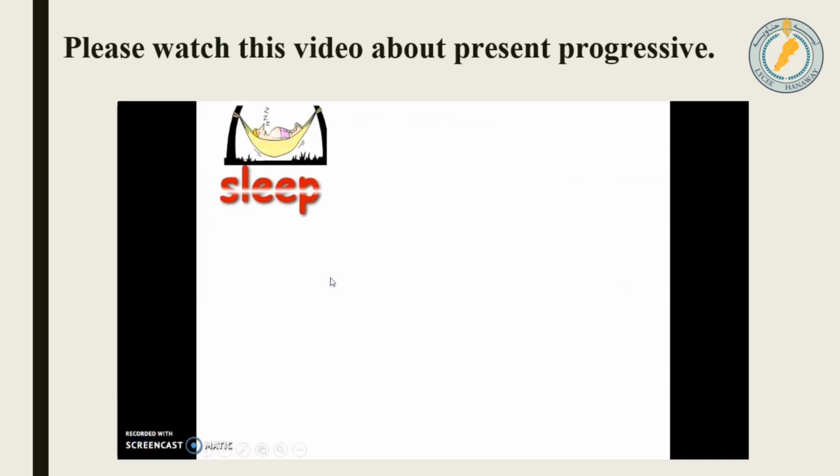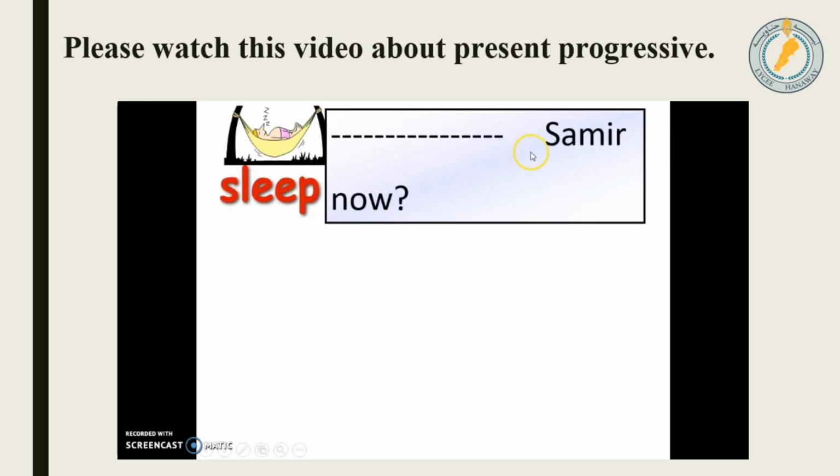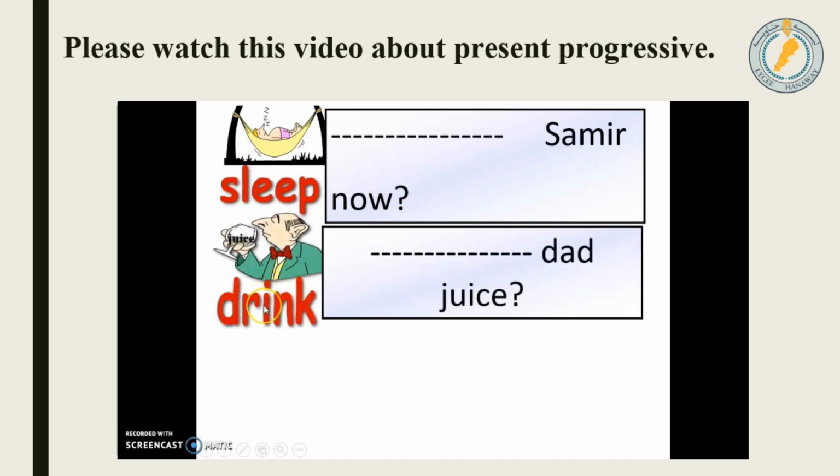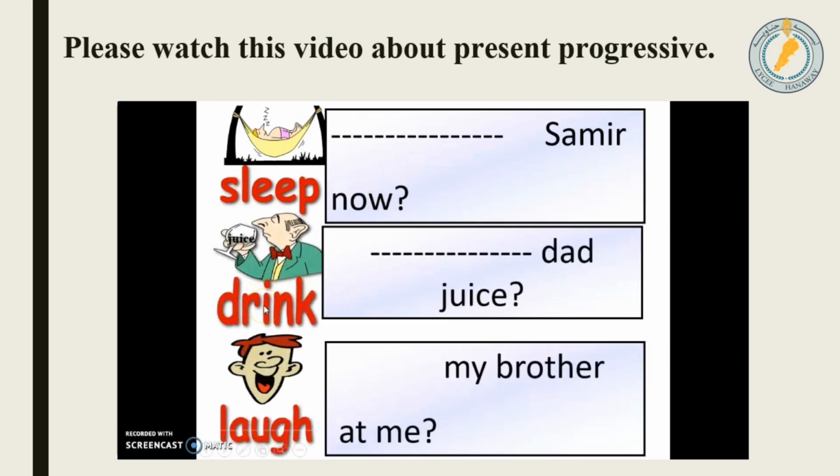Let's see more examples. We have Samir with the verb sleep, and as you can see, we have a question mark over here. This means that we have to make this sentence in the question form. We have Dad with the verb drink, and we have my brother with the verb laugh.